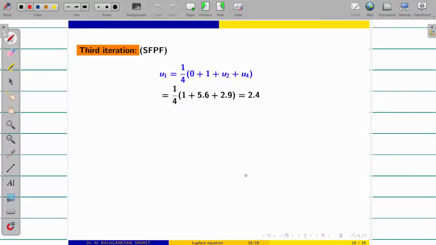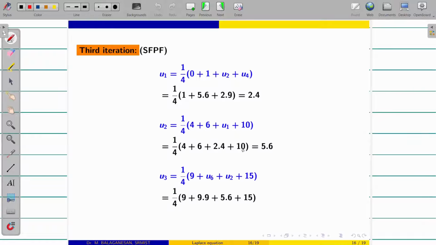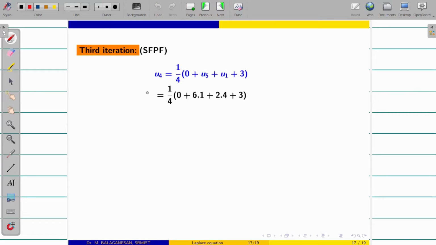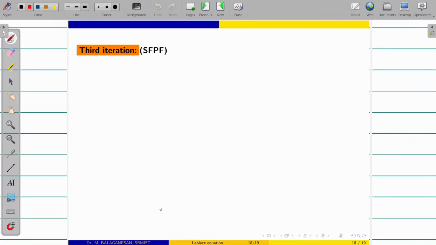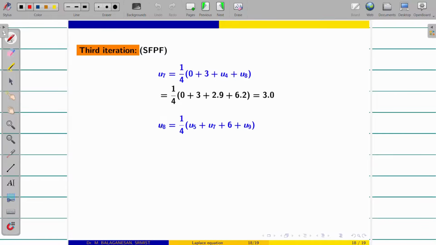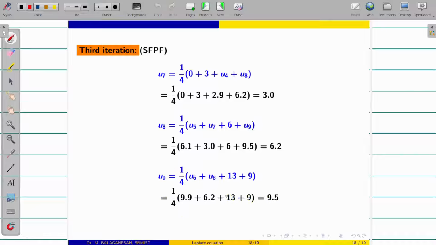Right. Similarly, third iteration also you have to proceed in the similar way. If there are any recent values are there, take it. If you don't have, take the old values. U2 recent we can take from this. U6 it will be old value. Similarly proceed for U4 and then U5, U6, U7, U8 and U9. That's it, guys.